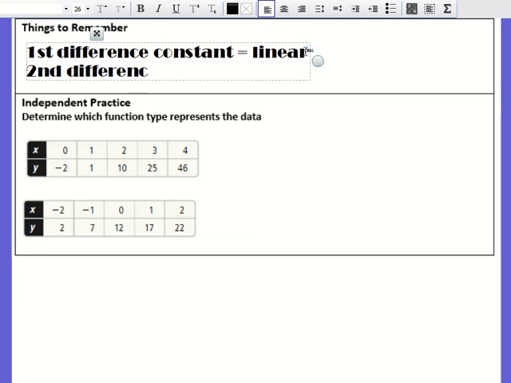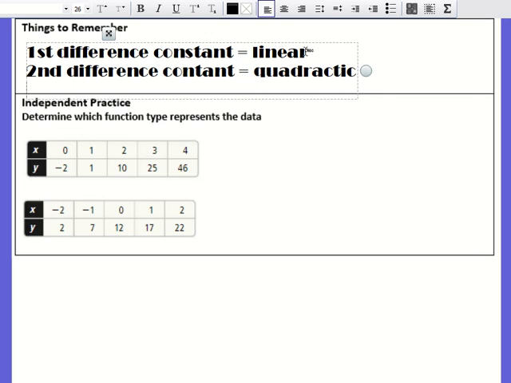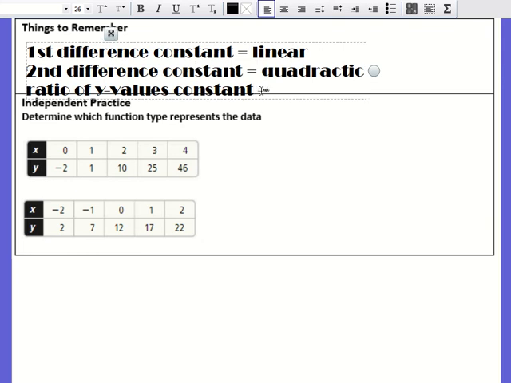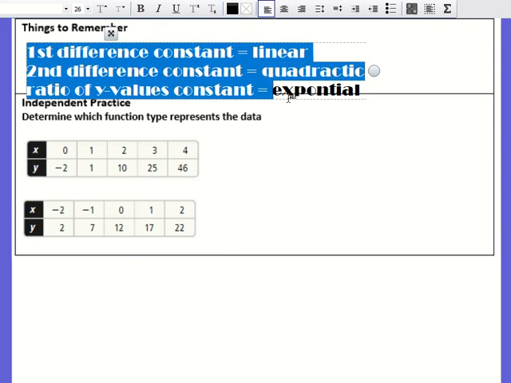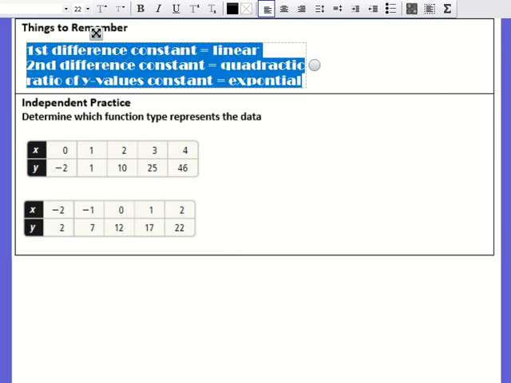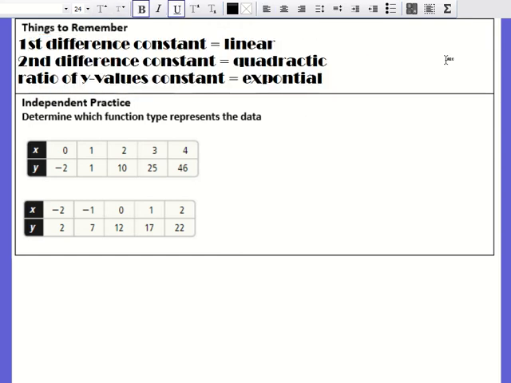Second difference constant equals quadratic, and then ratio of y values constant equals exponential. Okay. So those are the three things you are checking. I just made it a little bit smaller so it fit in there better. There we go.